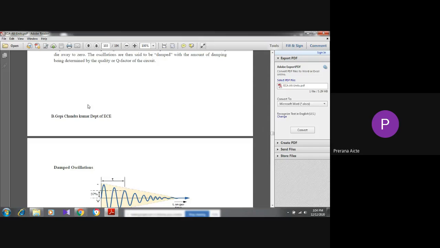In Colpitts, the frequency formula is f is equal to 1 by 2 pi root of L C equivalent, where C equivalent is equal to C1 C2 by C1 plus C2. Similarly, in the Hartley oscillator, the frequency is 1 by 2 pi root of L equivalent C, where L equivalent is equal to L1 plus L2.